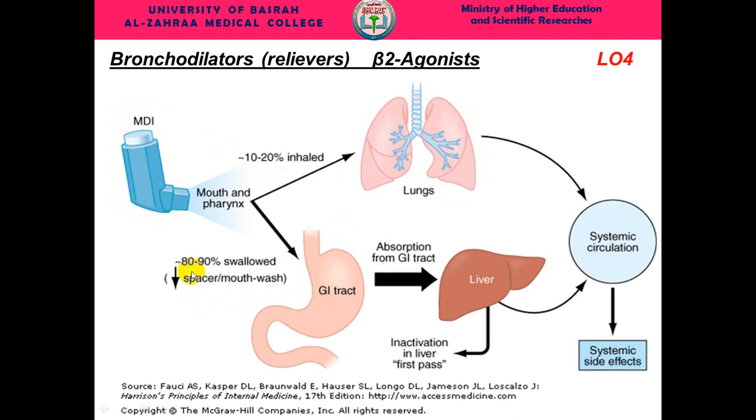However, this can be reduced by the use of a spacer, and I will show you the spacer later on. The drug that is absorbed in the GI tract will go into the blood and to the liver, where it will undergo inactivation by the first-pass mechanism, and some of it will enter the systemic circulation and lead to systemic side effects.